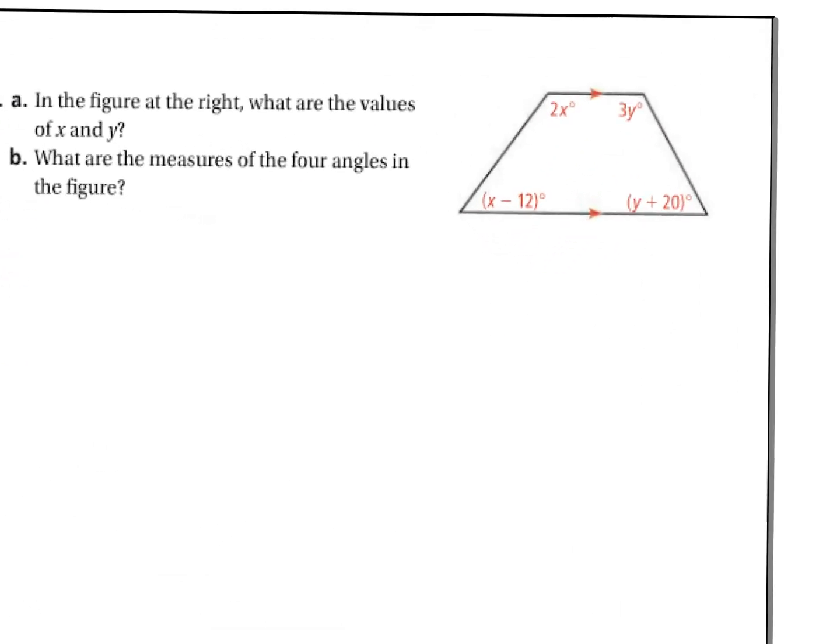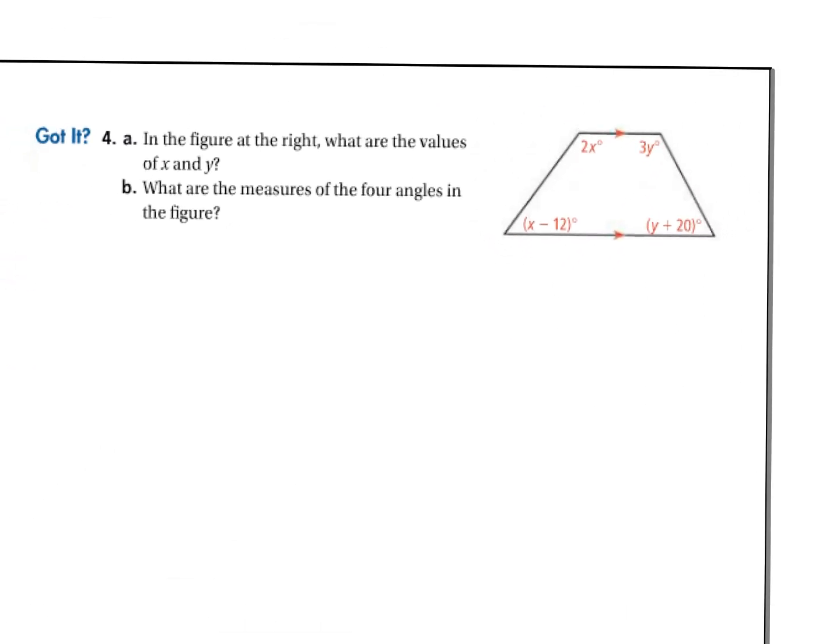Here we have a trapezoid. It's a trapezoid because we have one pair of lines that are parallel. Now those two lines are parallel. These two other lines are transversals. That's a transversal, and this is a transversal.